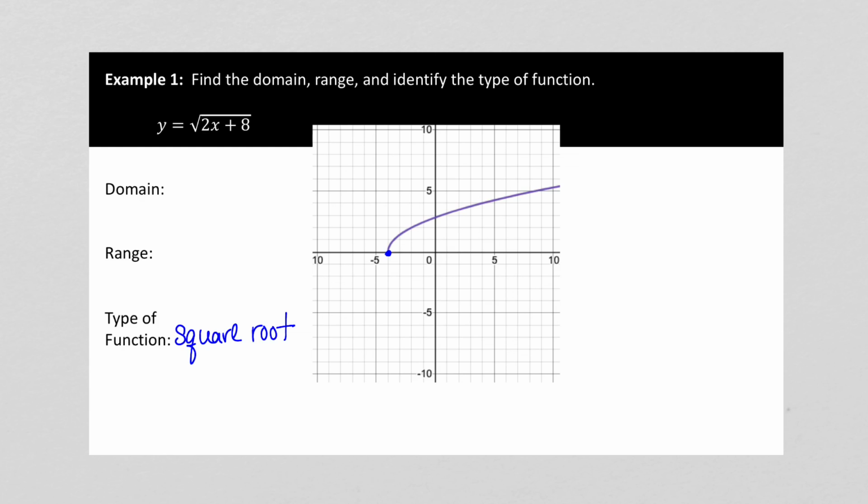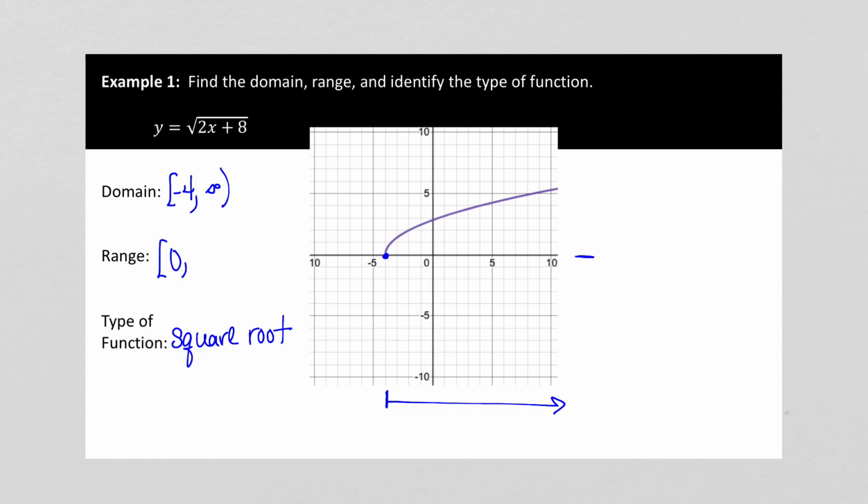If we plug in negative 4, we get 2 times negative 4 is negative 8. Negative 8 plus 8 is 0. And we can take the square root of 0. It's 0. So negative 4 is included in the domain. And then we're going on to infinity. Then the range starts at 0, and we are including 0 and going up to infinity.